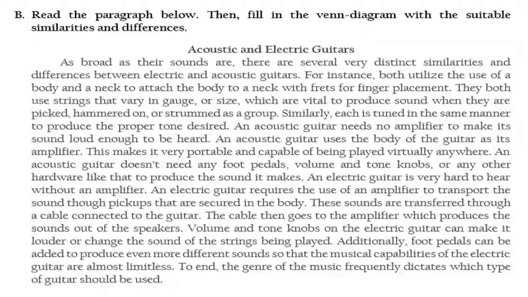Read the paragraph below, then fill in the Venn diagram with the similarities and differences. Let's read acoustic and electric guitars. As broad as their sounds are, there are several very distinct similarities and differences between electric and acoustic guitars.